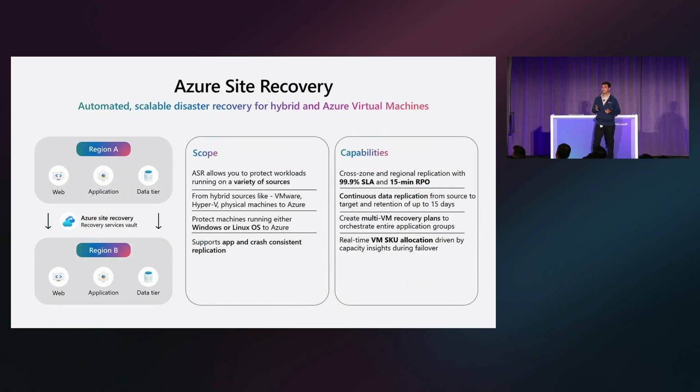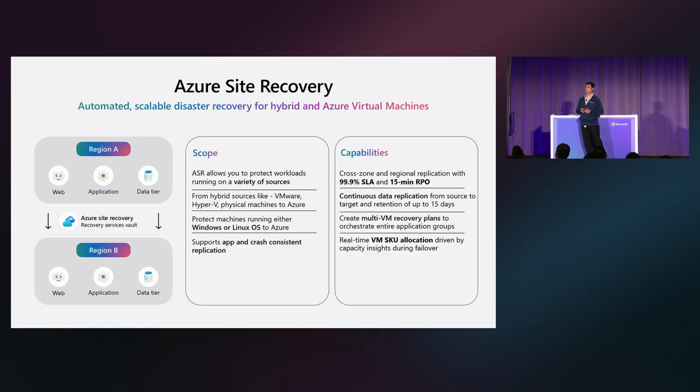Now, I did talk about Azure Backup, but let me also talk about Azure Site Recovery. Yesterday in Breakout 148, you actually did see some extensions of Azure Site Recovery. From a recovery orchestration standpoint for any kind of workload, that is where we are truly headed.